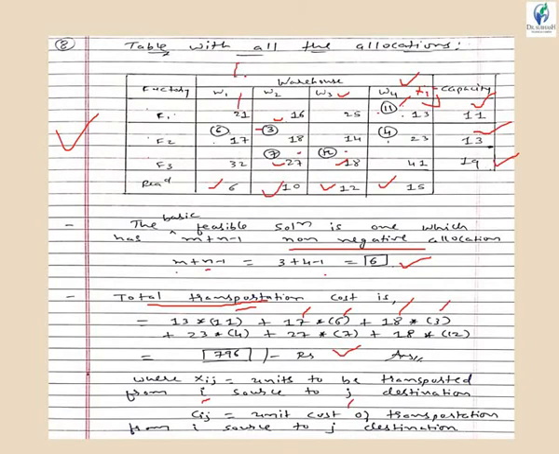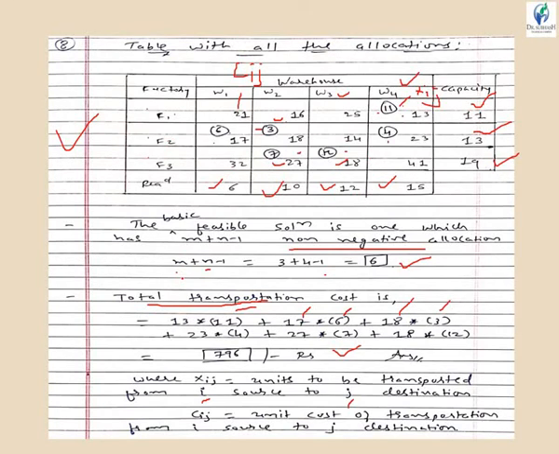The rounded value is the number of units transported from the ith source to the jth destination. So how can you read this? For F2 to W1, 6 units can be transported between F2 and W1.